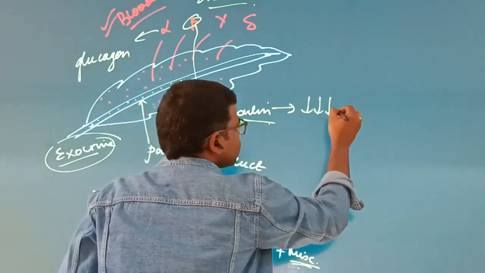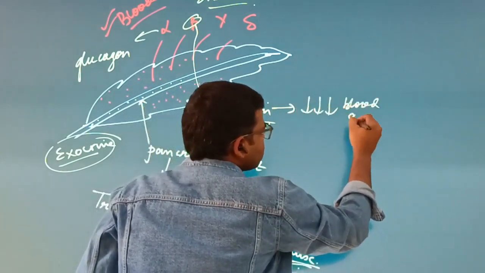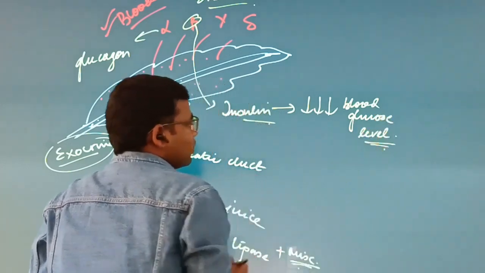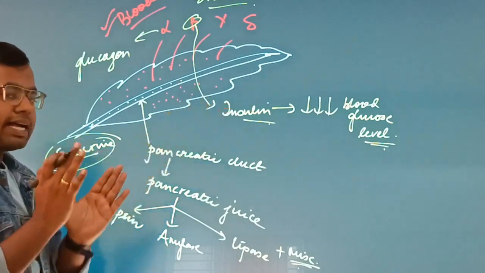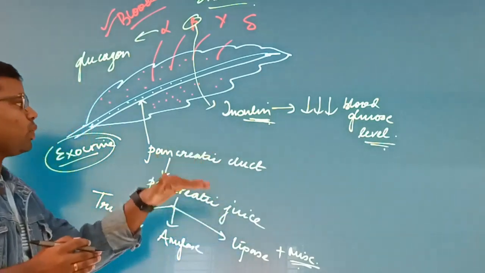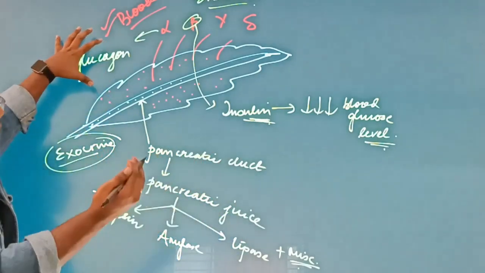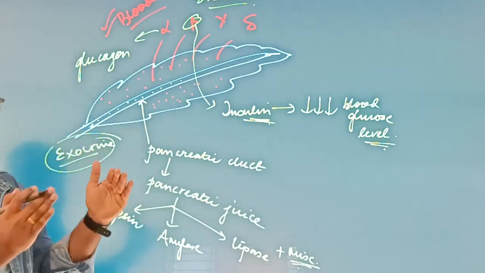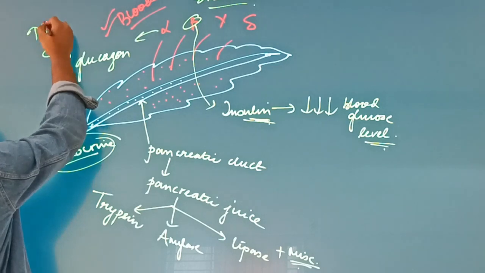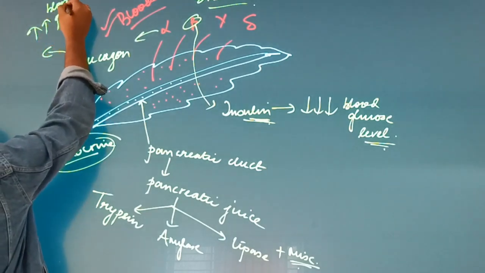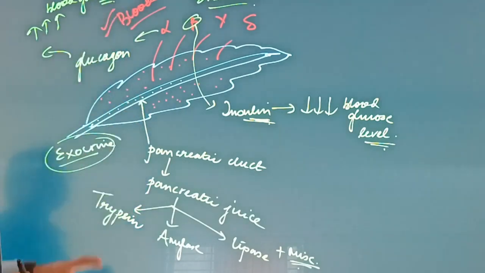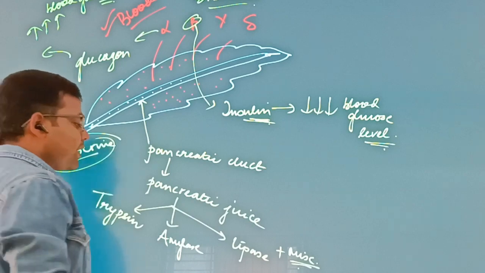If the blood glucose level increases above the normal range, insulin will be secreted and it will decrease the blood glucose level. Glucagon: if the glucose level in the blood is lower than normal, glucagon is going to increase the blood glucose level. Okay? So therefore, you understood why this is called a mixed gland, right?